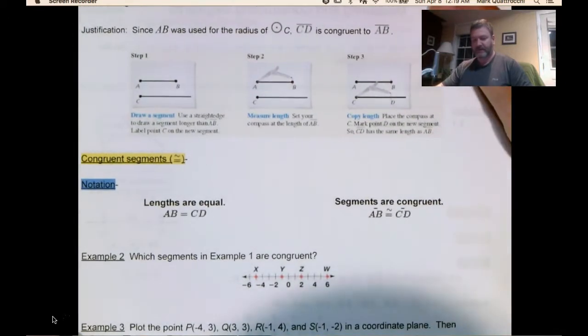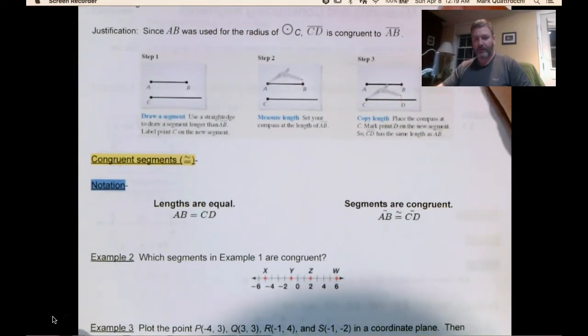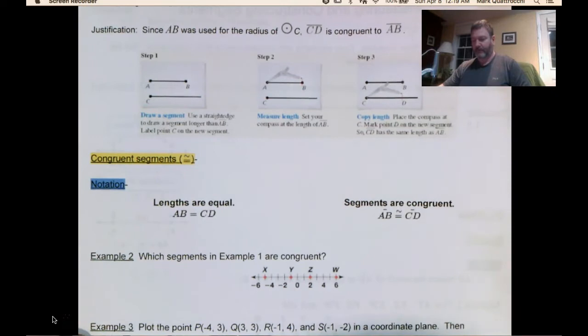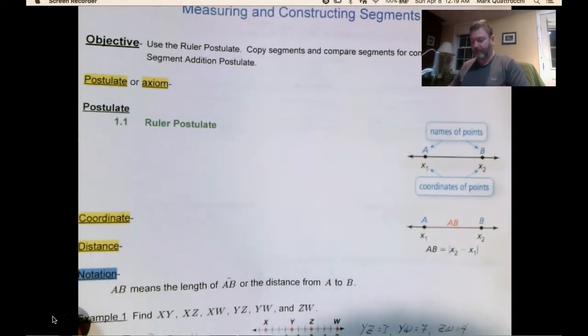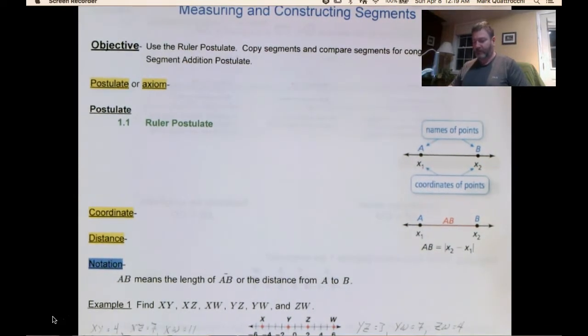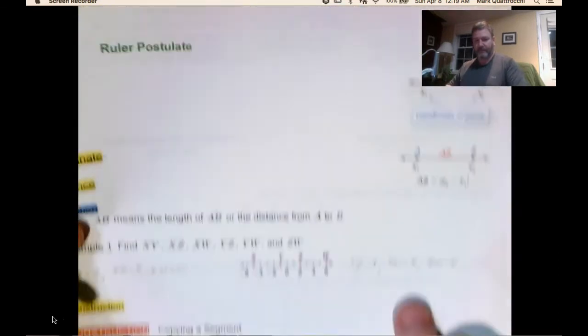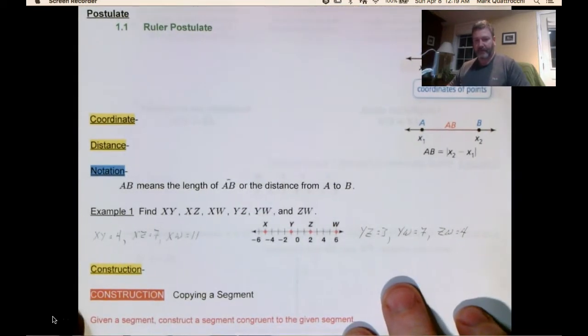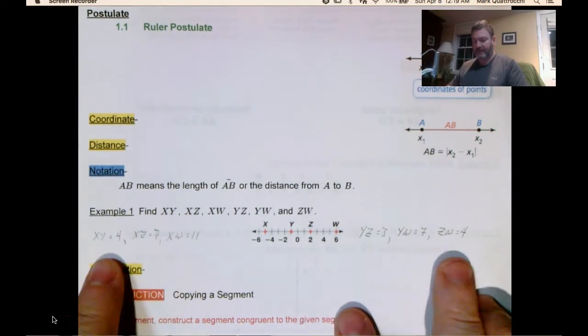Alright, example number 2. Which segments in example 1 are congruent? So if I flip back here to example 1, which ones are congruent? Well, which ones have the exact same lengths?